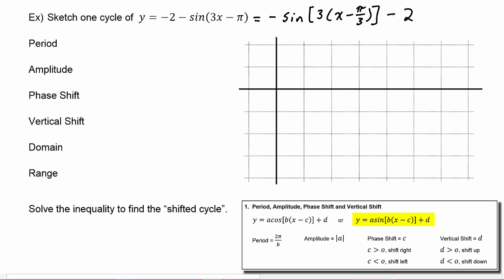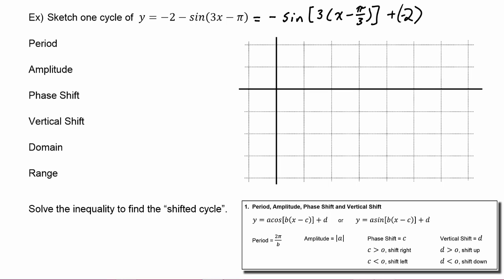Or you can write this as plus negative 2. It's always a good idea to check your factoring and make sure that you did it correctly. So 3 times x would give us the 3x. 3 times pi over 3 would give us pi. And now we can go about finding all the attributes of the graph.